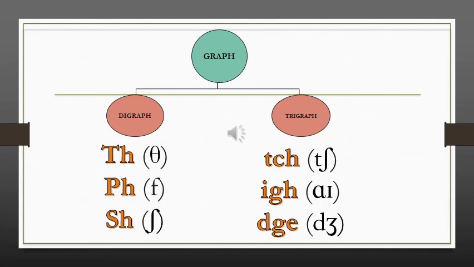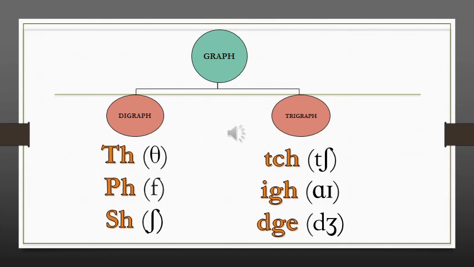Now if we move on to the trigraph, it's evident from the term itself that three letters combine to produce one new sound. For example, t, c, and h. These three letters combine to form ch, as in match, catch, fetch.